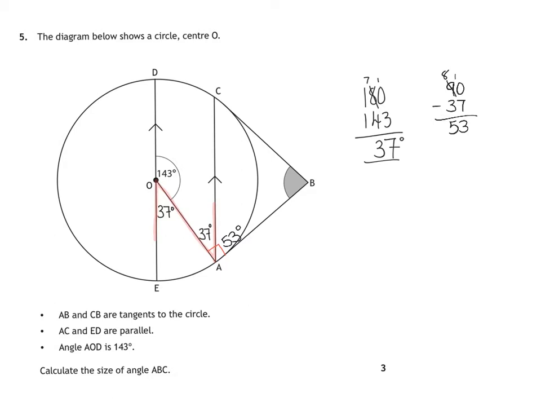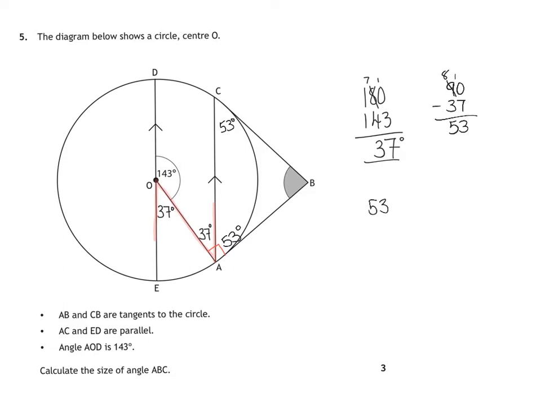So because of the fact that those lines are both tangents, we end up with isosceles triangles, so that's 53 degrees in there as well. Right, so we know that the angles in the triangle add up to 180.